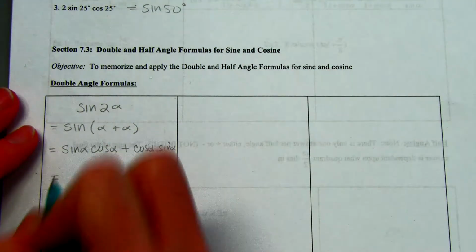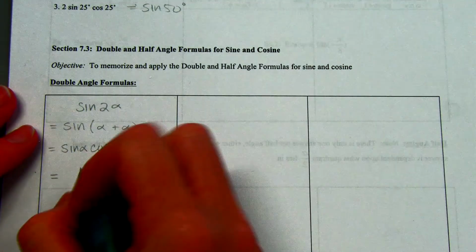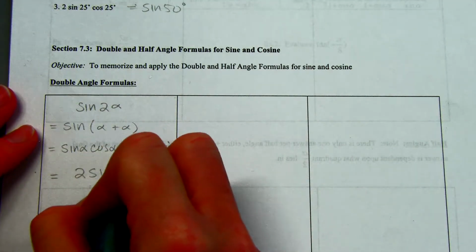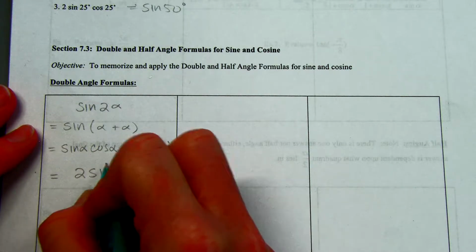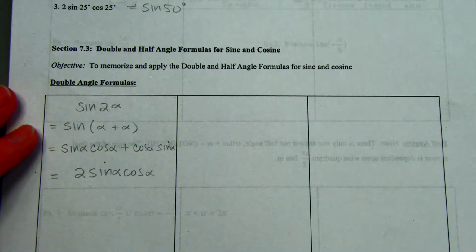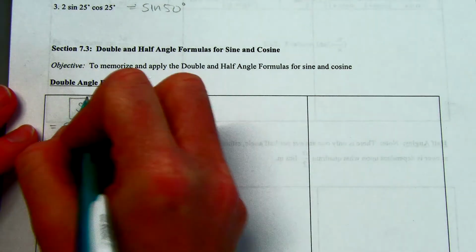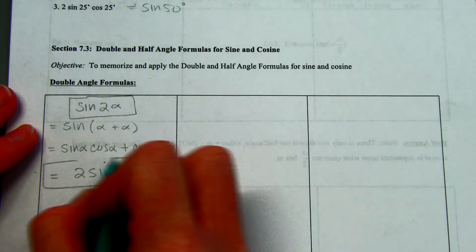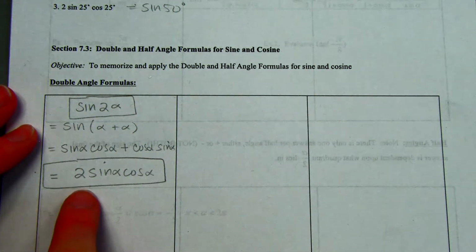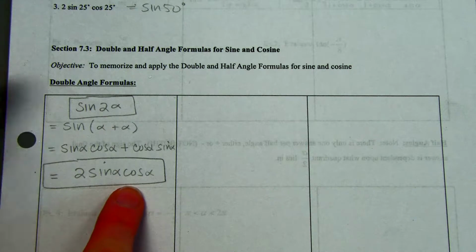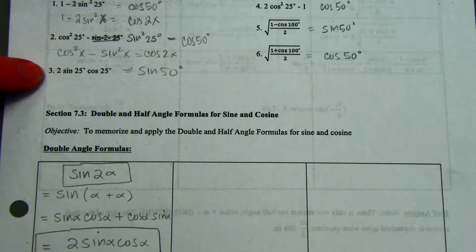And another way to write that would be 2 sine alpha cosine alpha. So this is your double angle formula for sine. So sine 2 alpha equals 2 sine alpha cosine alpha. We saw that here in question number 3 on the opener.